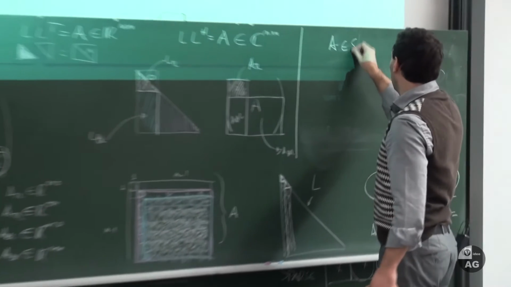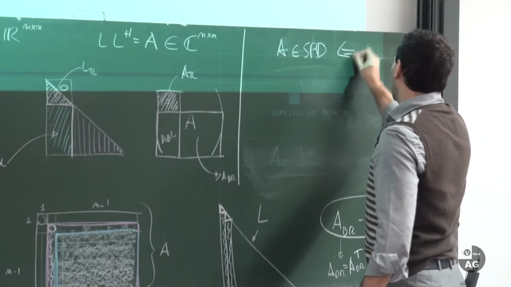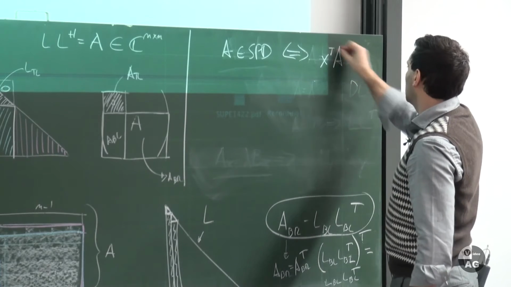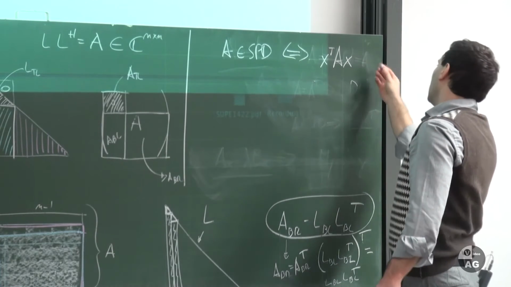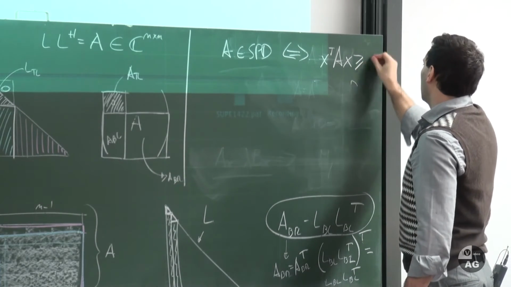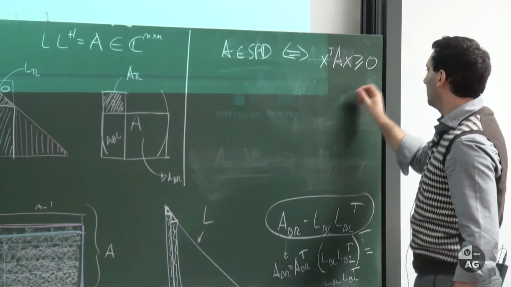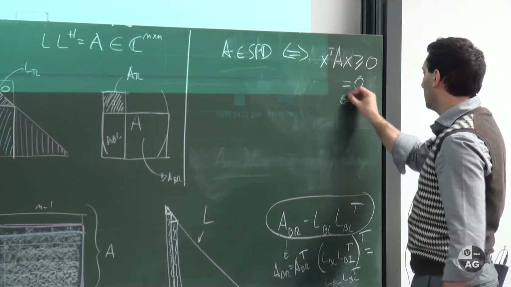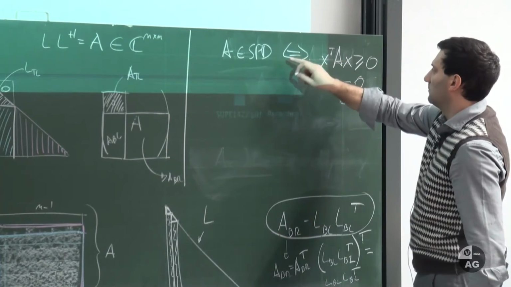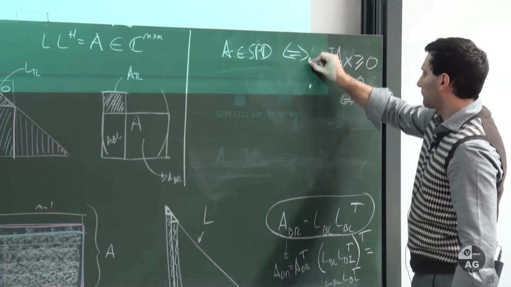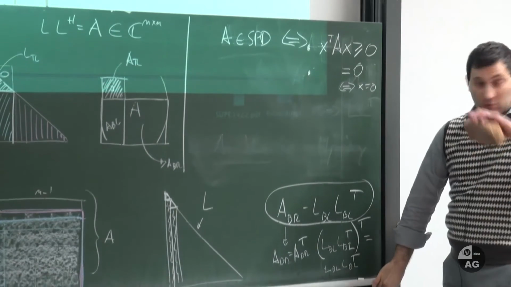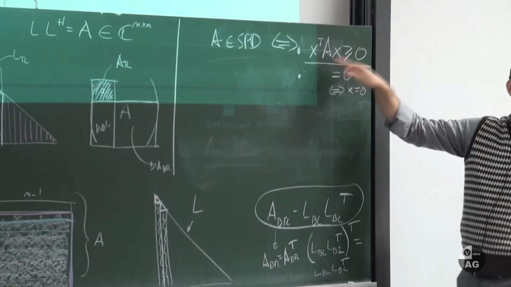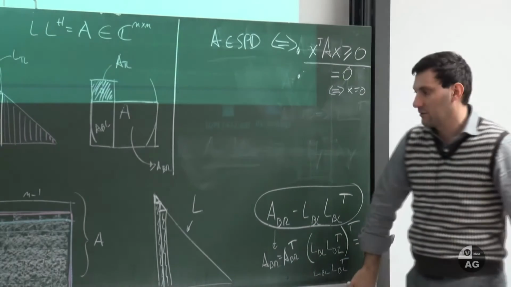First of all, a matrix A is symmetric positive definite if and only if x transpose A x is greater or equal than 0, and in fact is 0 only if x is 0. So 1, and 2. Okay? So a matrix that satisfies this relation for any x is a symmetric positive definite.